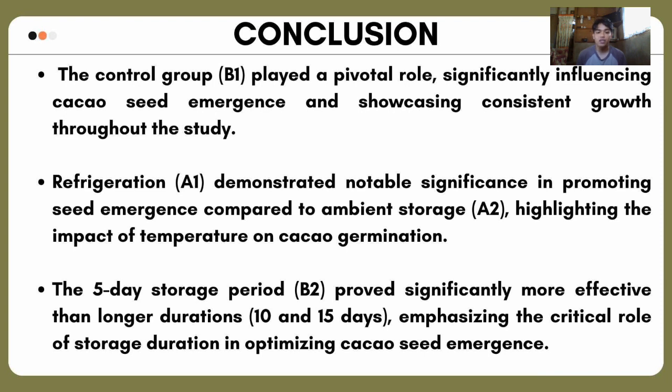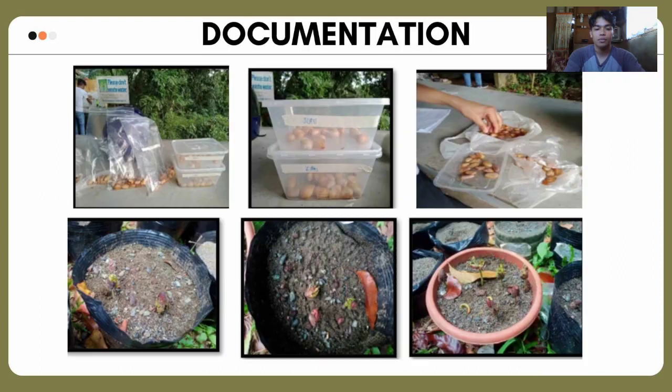These findings underscore the importance of storage conditions, with refrigeration and shorter duration favoring optimal seed emergence in cacao cultivation. Further investigations could delve into the physiological mechanisms driving these observed trends, providing deeper insights for agricultural practices.